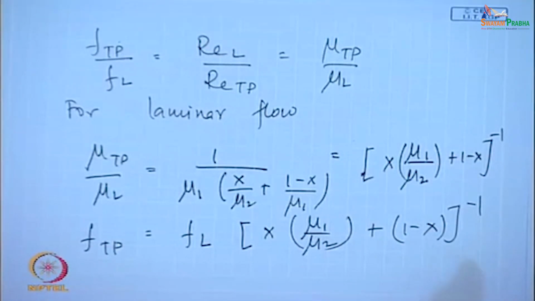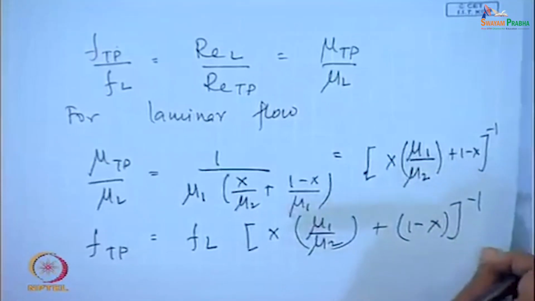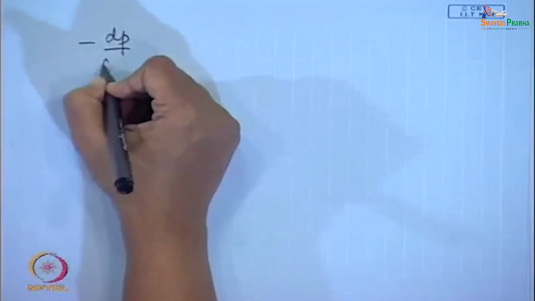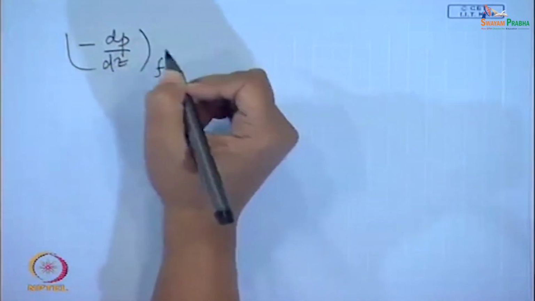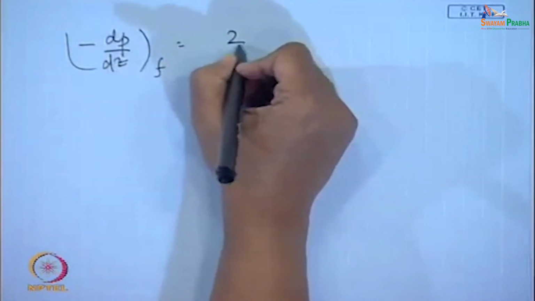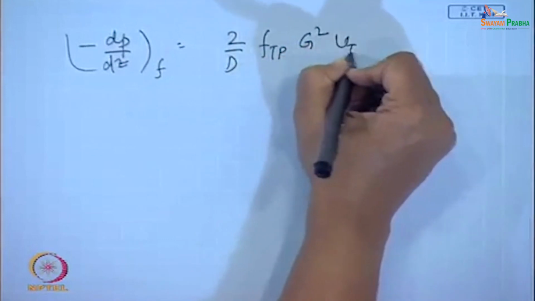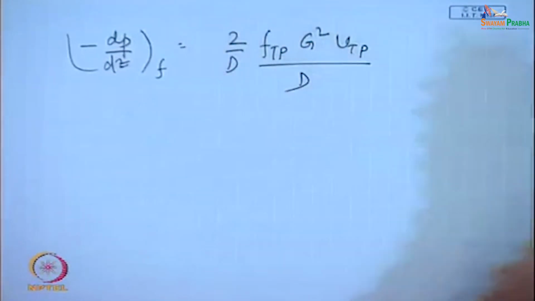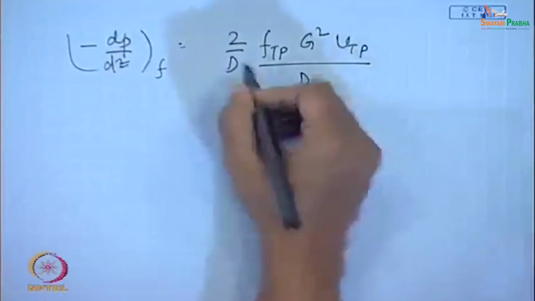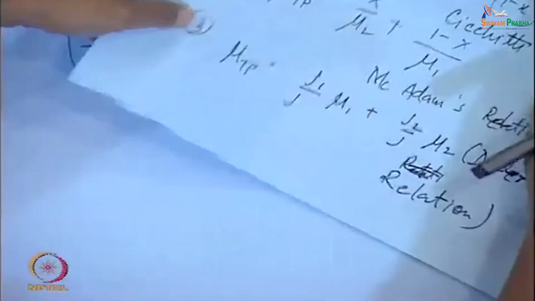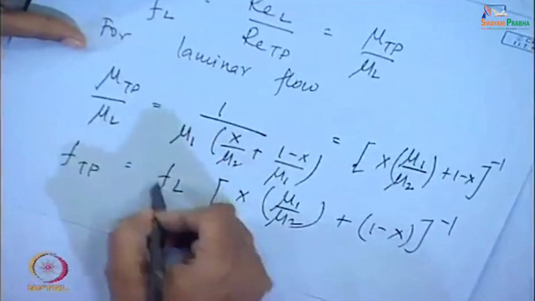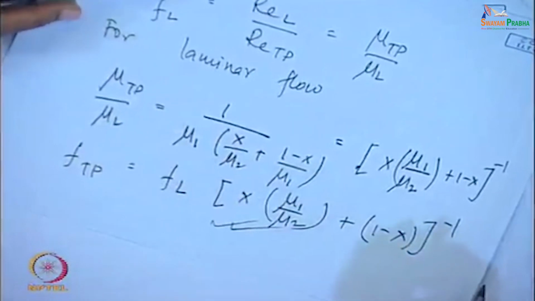Yes or no? We can just make this substitution. Accordingly, we can write the frictional pressure gradient in this form, again the same thing, 2 by d FTP G square VTP by d. Instead of FTP, we can substitute this equation.